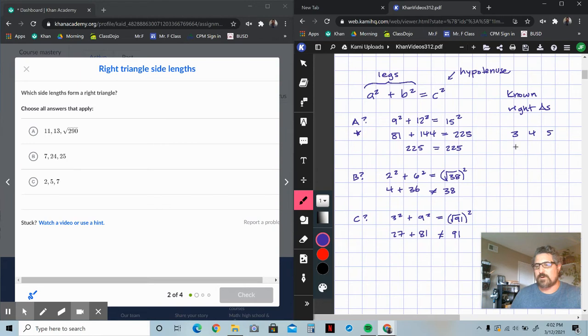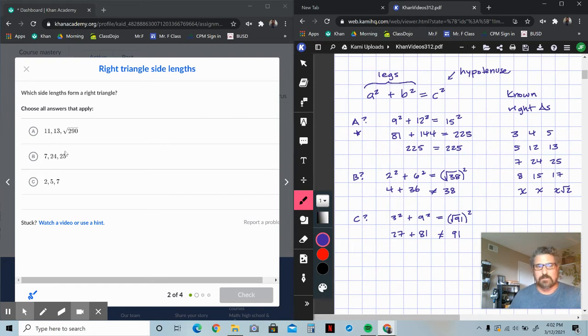You're looking for 5, 12, 13 or a multiple thereof. You're looking for 7, 24, 25 or a multiple thereof. You're looking for 8, 15, 17 or a multiple thereof. Or if it's an isosceles right triangle, x, x, and then x times the square root of 2. All right? So these are your known right triangles. So let's take a look and see if we see any of those here.